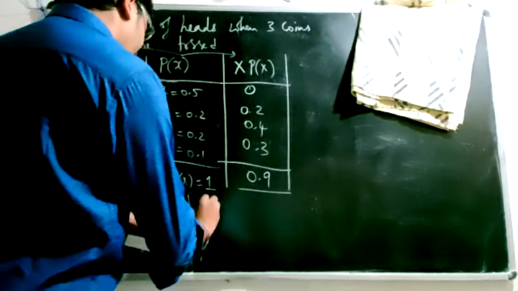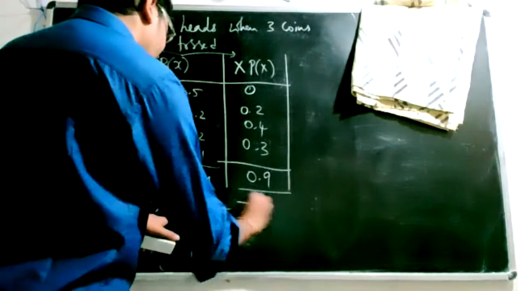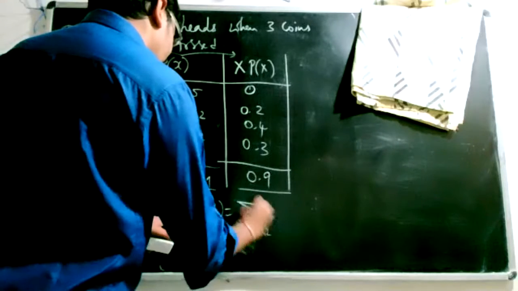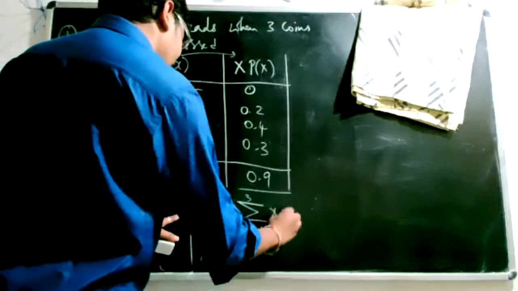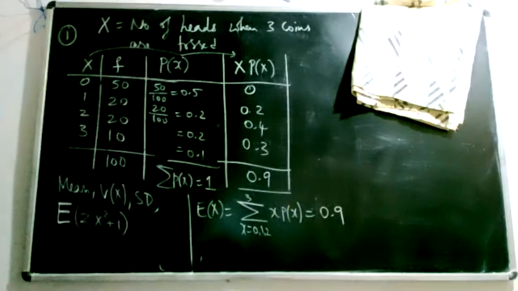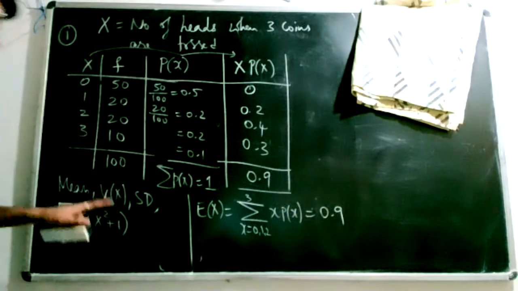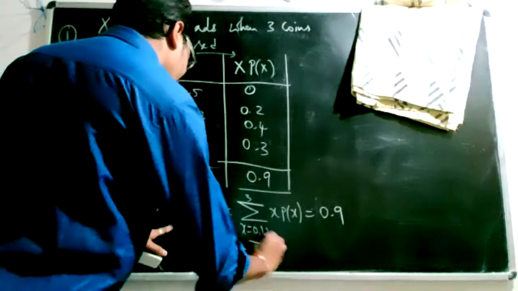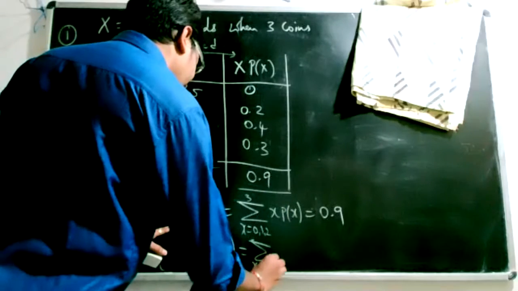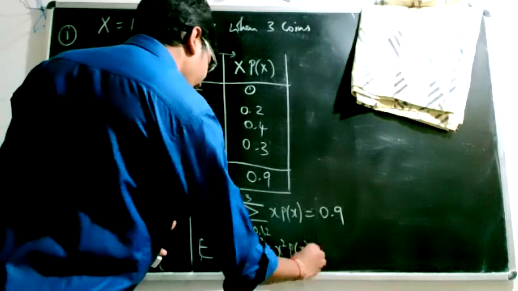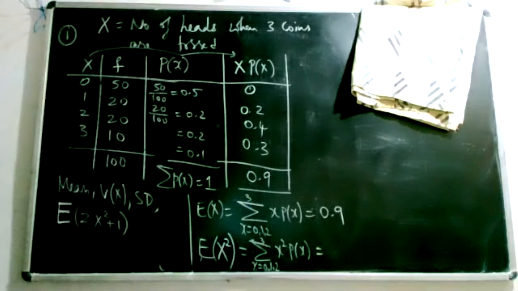So E of x is equal to summation of x equals 0, 1, 2, 3 of x into px, and that has come to 0.9. Now to find variance, I need the expectation of x square. That will be, for all values of x, multiplying x square and px, and then adding them.